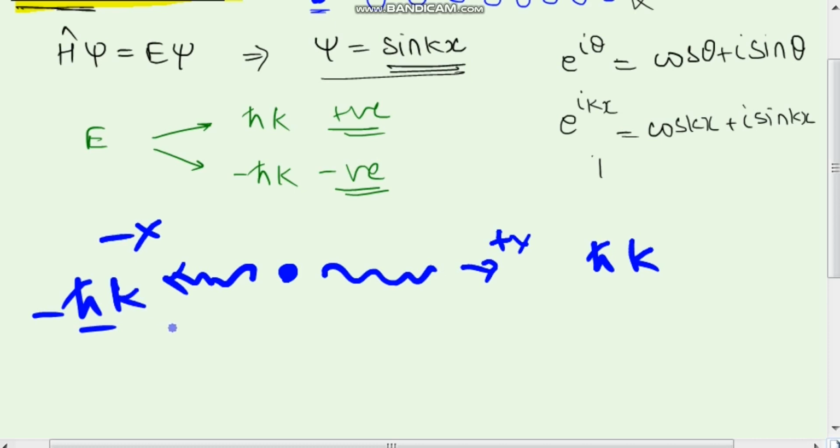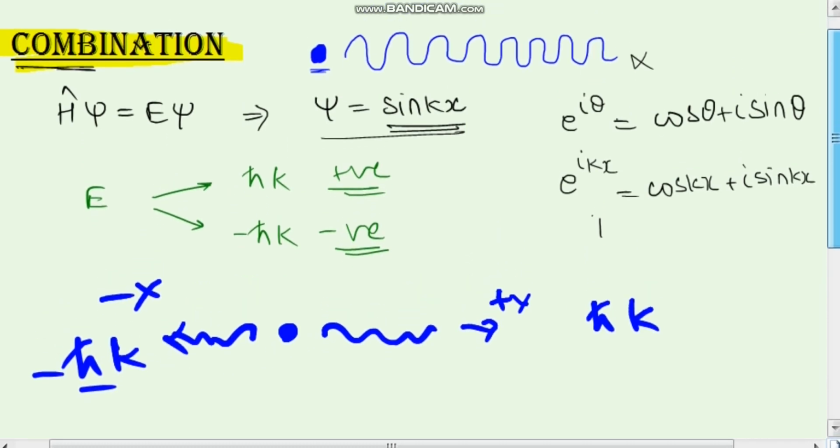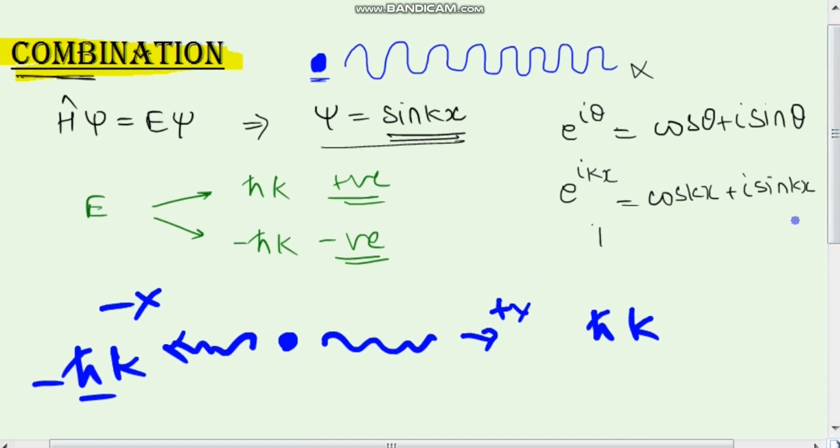So that's what you do when you don't have the eigen equation. Okay, so that's all then.